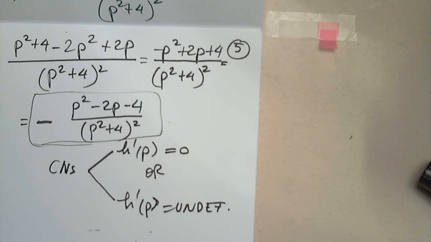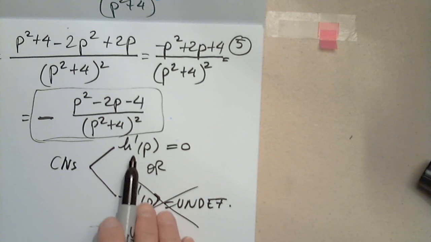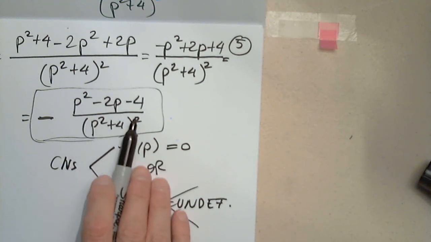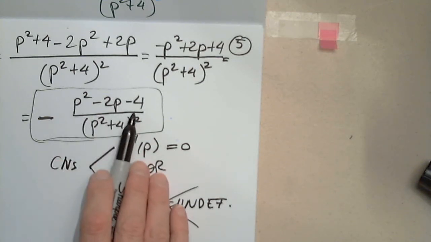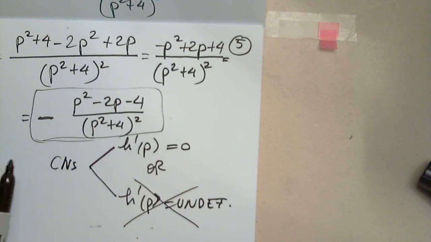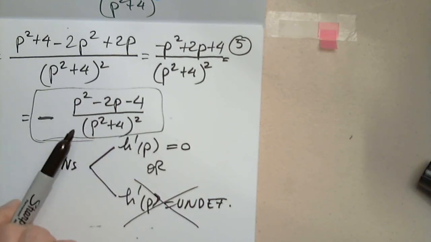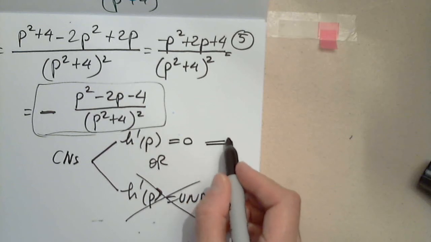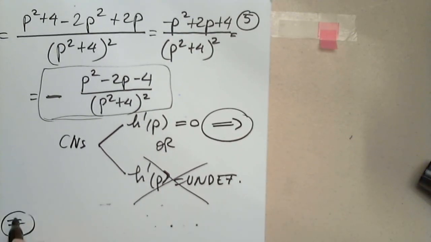No. So that's not a source of critical numbers. So the only possibility is when I set the derivative equal to 0. When is a fraction 0? When the numerator is 0. Excellent.